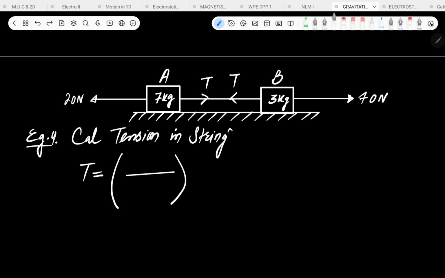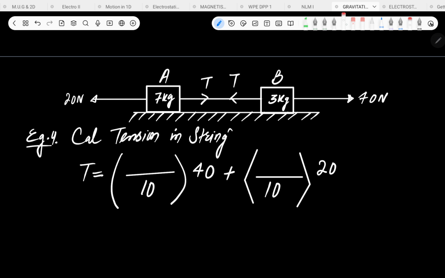Now how many external forces are there? Obviously there are two forces. One external force is 40 and the total mass is 7 plus 3 is equal to 10, plus another external force is there. And what is it? Another external force is this 20 Newton and the total mass is 10. All right, is that clear to you?